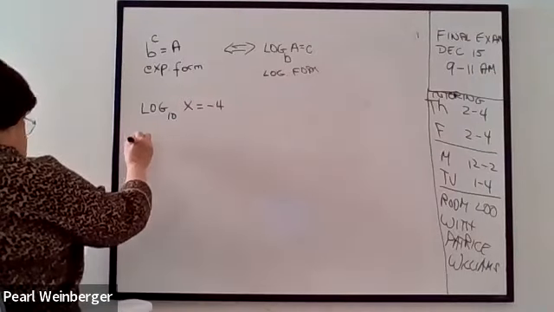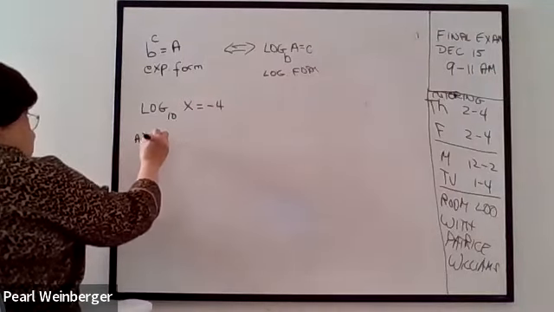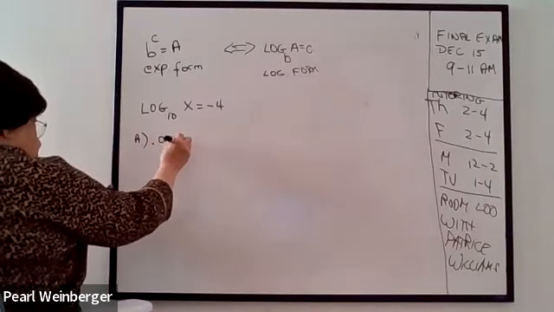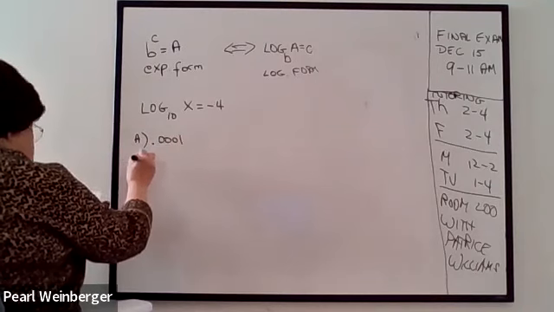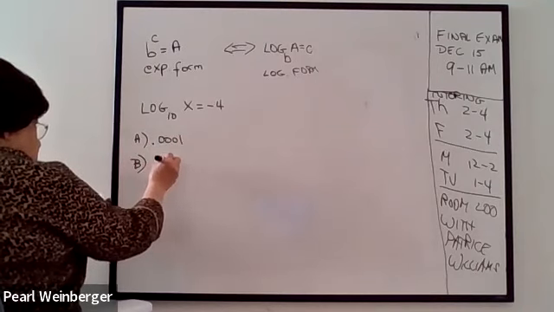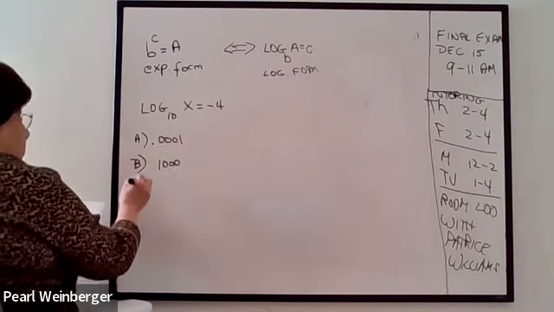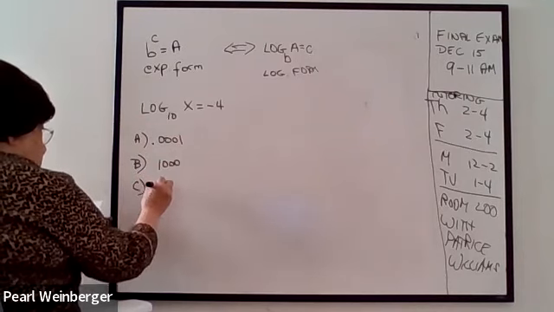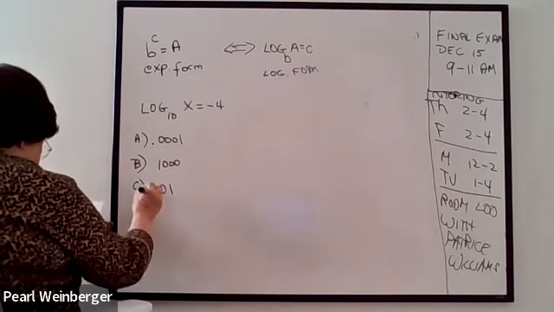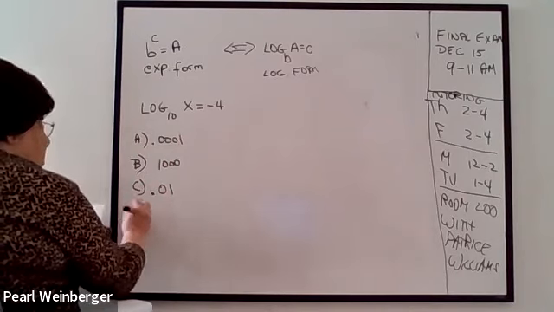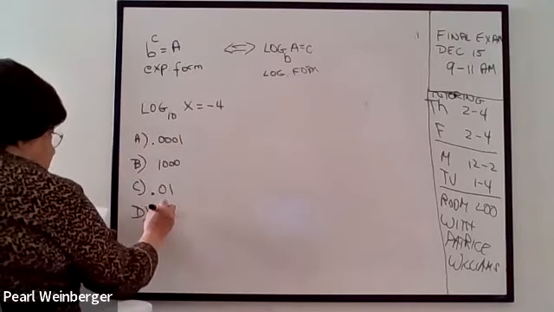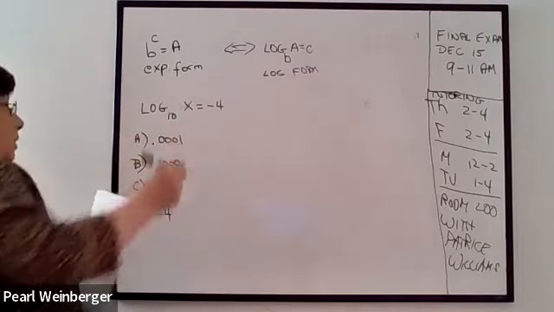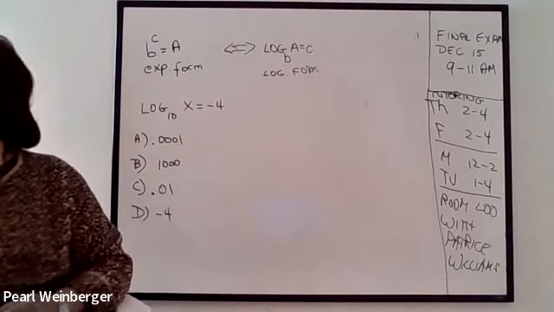So is x 0.0001, 1000, 0.01, or -4? Which of these 4 answers is equal to x? I'm going to give you a few minutes to try that.